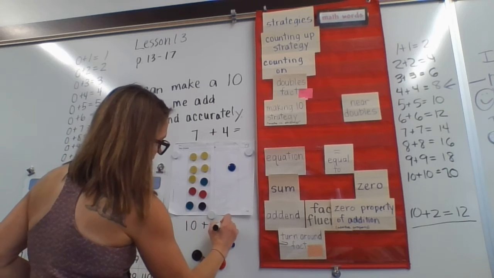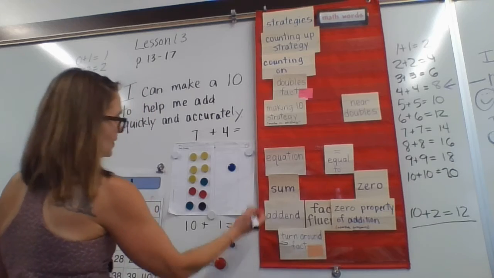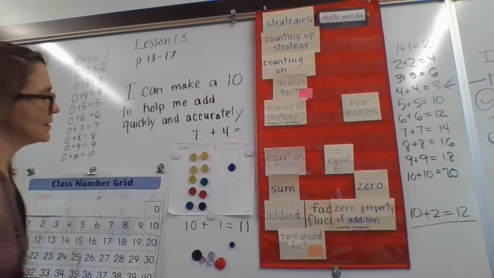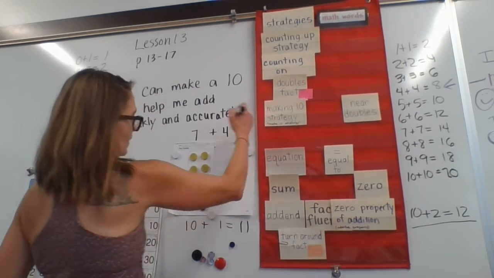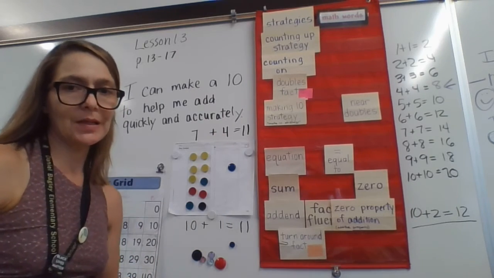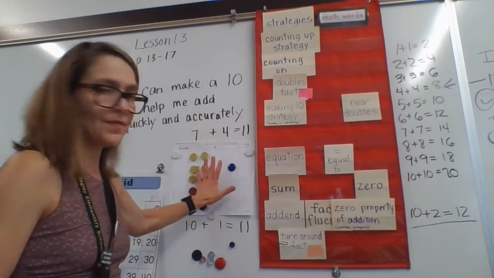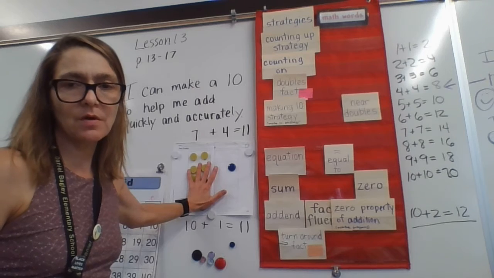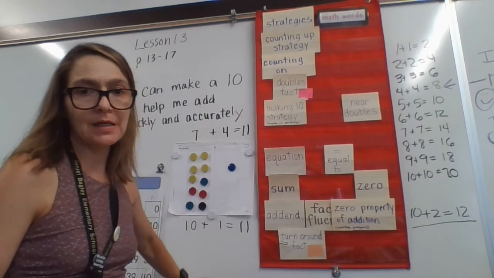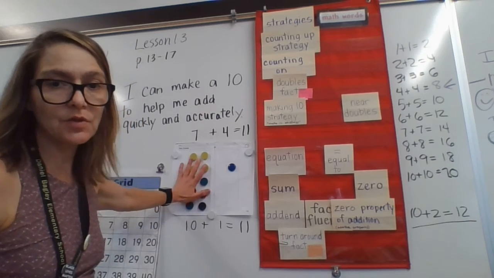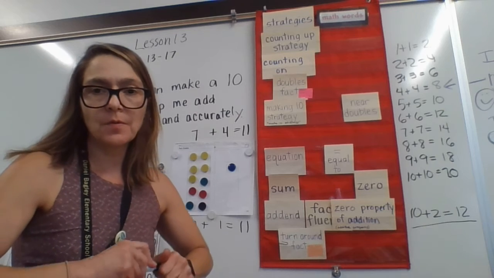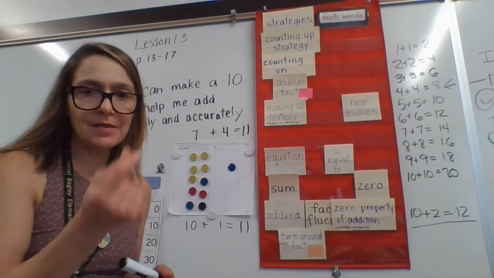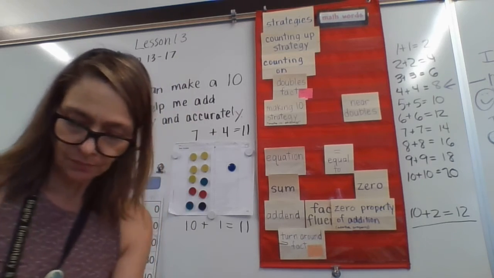So 10 plus 1 equals 11, and that's a lot easier to add than 7 plus 4. And 7 plus 4 is also 11 because we have the same value of counters. We didn't add any more or take any away. We just move them around to make a 10, to make it easier and quicker to add.